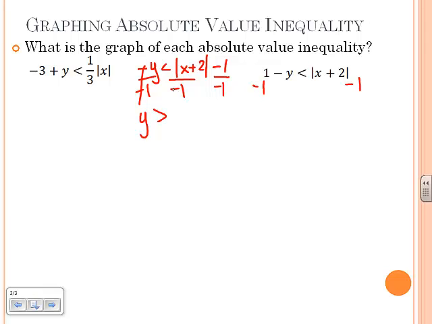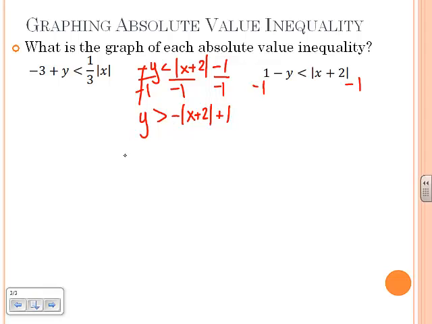When I divide this absolute value by negative 1, it becomes negative absolute value of x plus 2. Once again, what is inside that absolute value did not change from the original. It will never change. It will always remain the same. Then negative 1 over negative 1 gives me a plus 1.